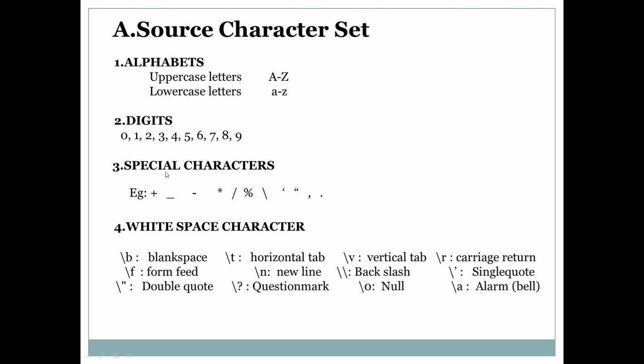Now, what are white space characters? Some things like blank spaces, horizontal tab, and vertical tab can't be given directly, so these types of symbols are used. We will be learning about it in a later part.